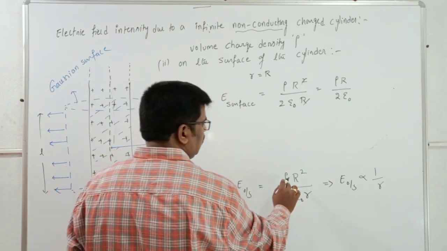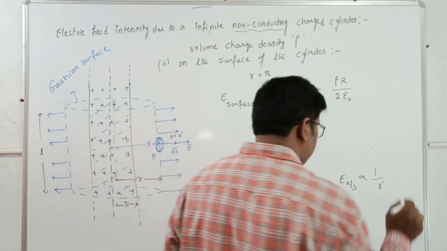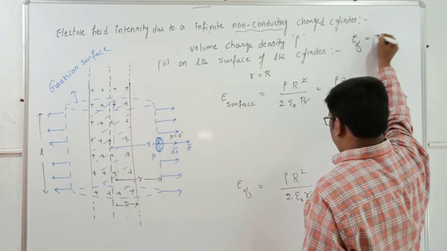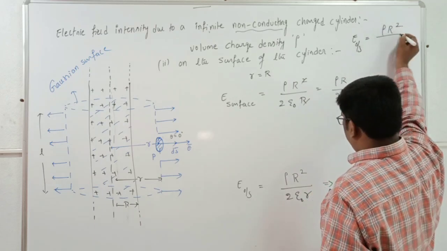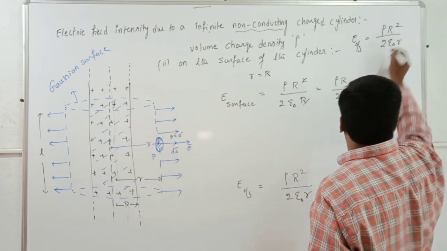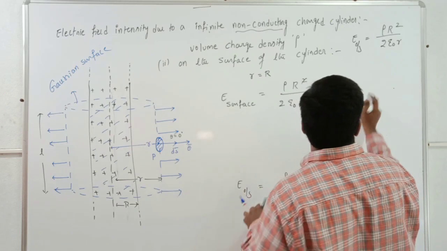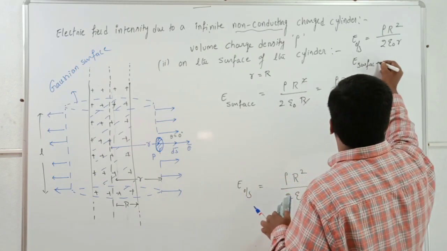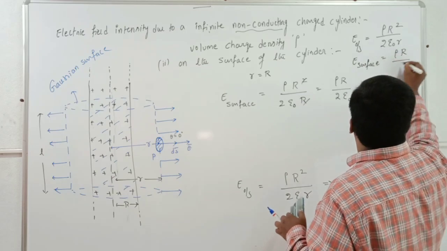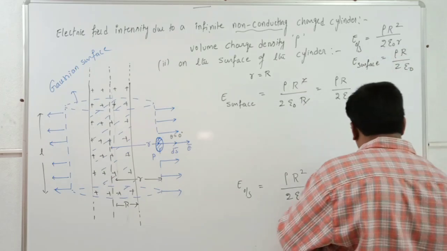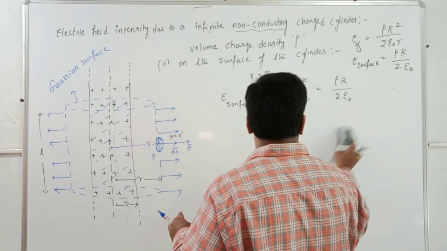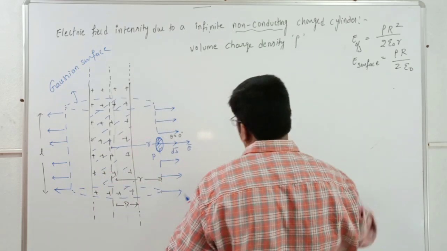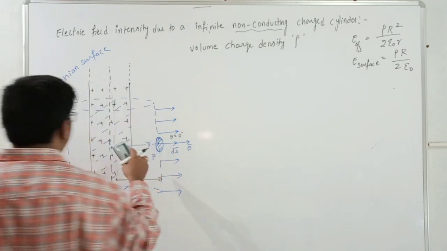Outside is rho R square by 2 epsilon naught small r, and on the surface is rho R by 2 epsilon naught. Remember, then we will go to the discussion of electric field intensity inside the cylinder.